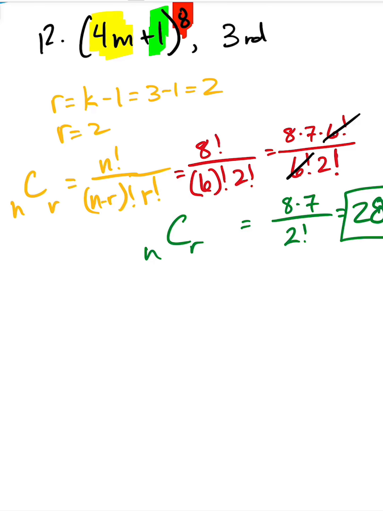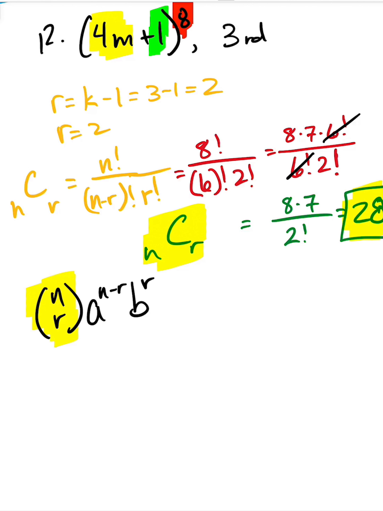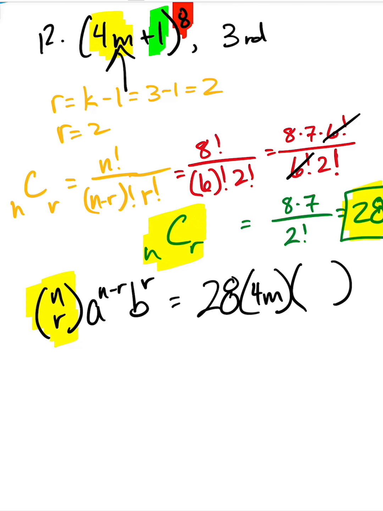So I'm going to write my general form, so that's n choose r with my a to the n minus r times my b to the r, right? I know what my coefficient is right now because I just figured that out. That's 28. So let me go ahead and do that. That's 28 times my a term. What's my a term? My a term is 4m. And then what's my n minus r?